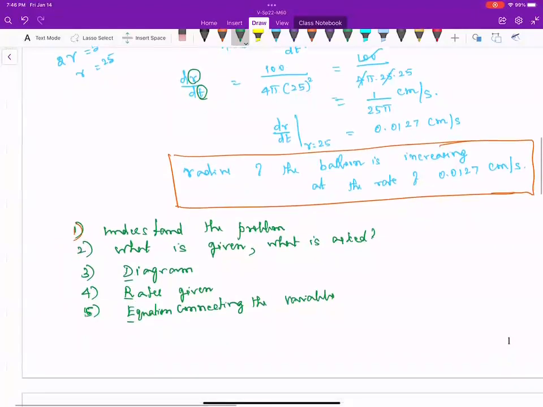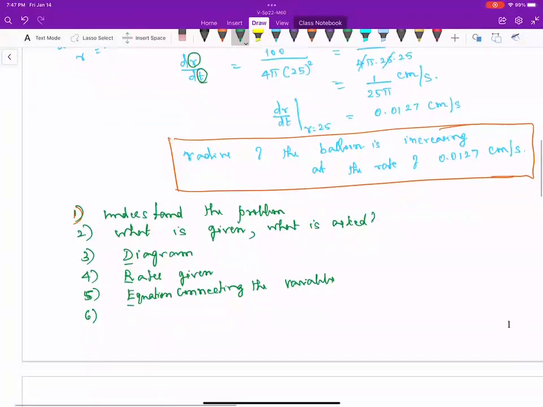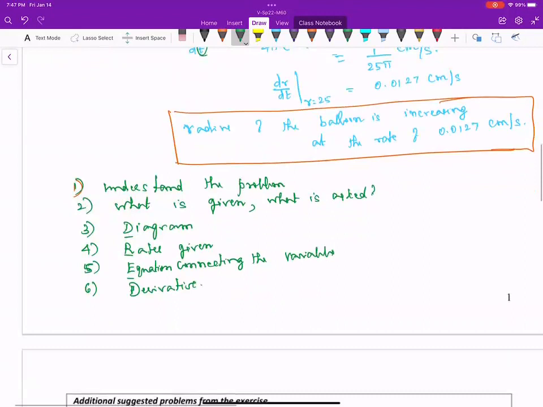What is the other thing that you would do? Take the derivative. The last part, substitute the specific values. If you don't substitute this information in the beginning of the problem, only after you take the derivative do you need to substitute the specific values.